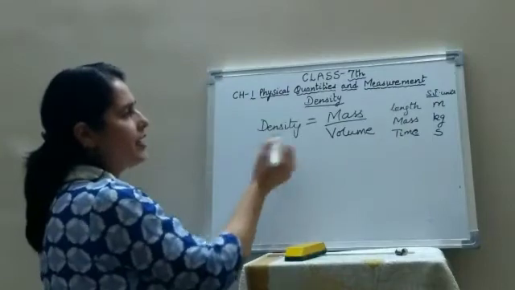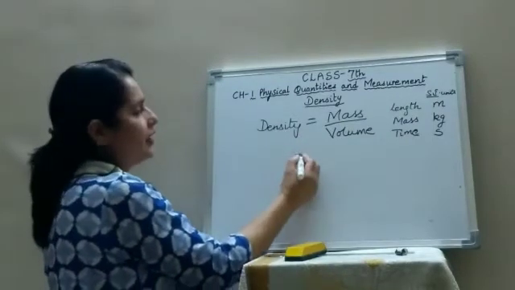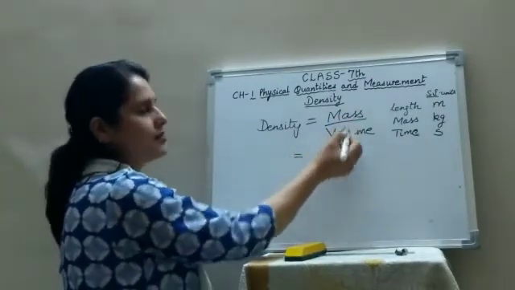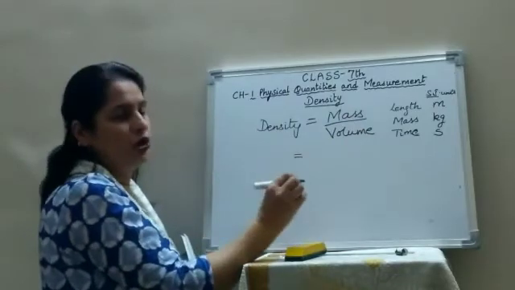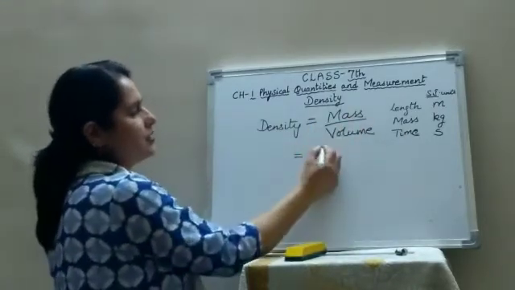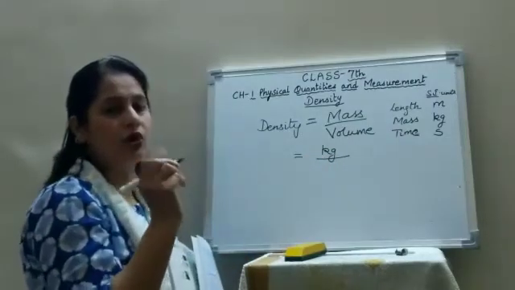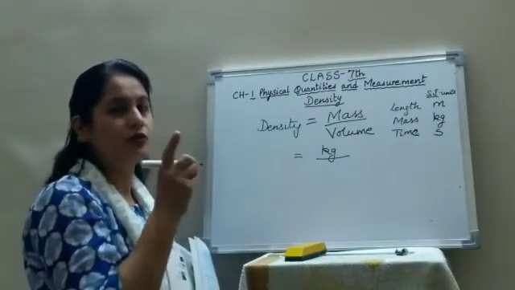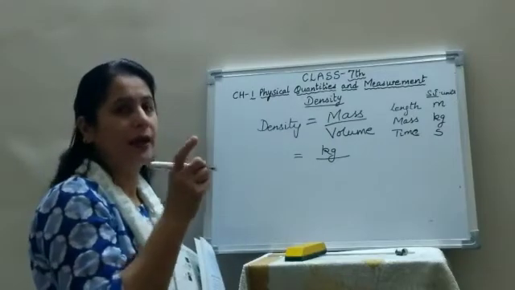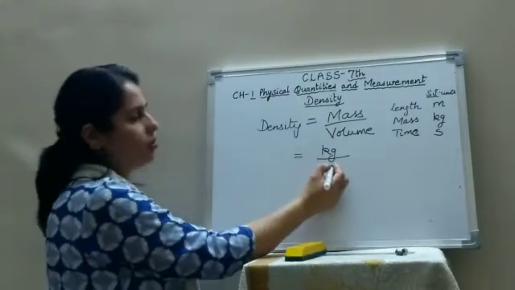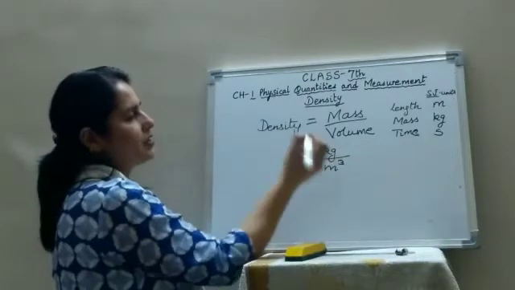So how will you get the SI unit of density? It will be SI unit of mass upon SI unit of volume. What is the SI unit of mass? Kilogram. And what is the SI unit of volume? You know volume is length into breadth into height. 3 times you are multiplying meter. So the SI unit of volume is cubic meter.